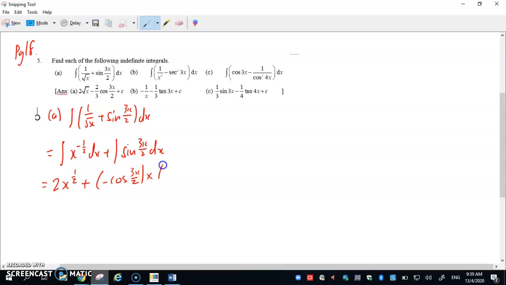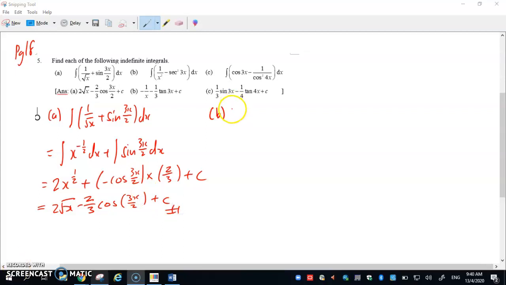However, you have to multiply by another multiple to remove the effects of chain rule, which in this case is 2/3, plus c. Then you can simplify: you get equals to 2 square root x minus 2 over 3 cosine 3x over 2 plus c, and that's your final answer.